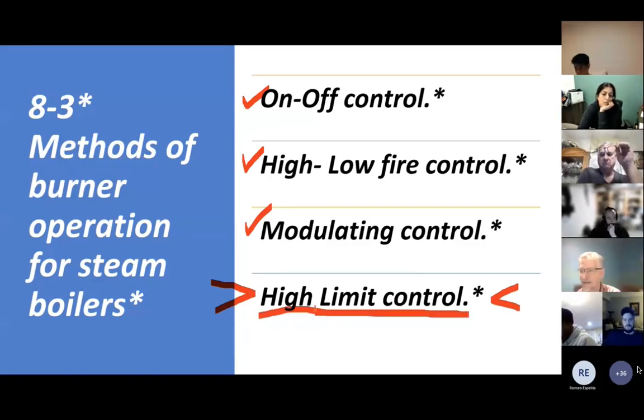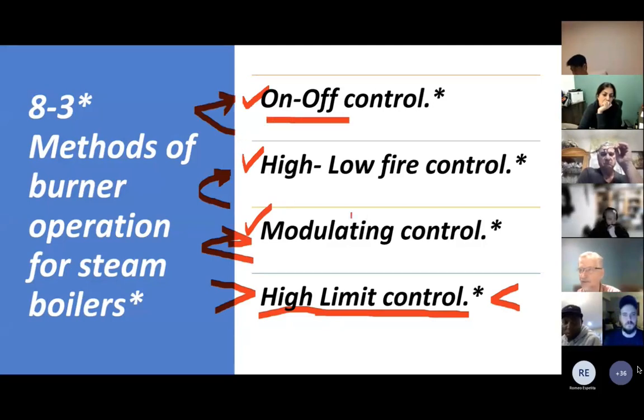This is a system that's added to any of these systems when the boiler is not under continuous supervision. So you need on-off control plus high limit, high-low fire control plus high limit, or modulating control plus high limit if the boiler is not continuously attended.